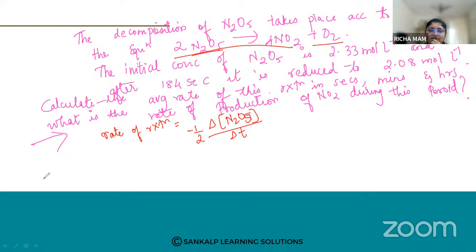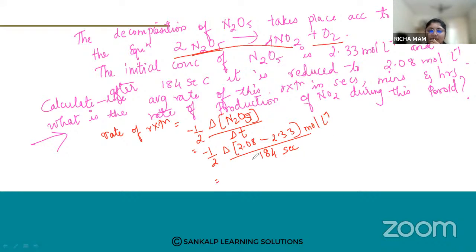Calculate how much it is. It will be half times the change in concentration, 2.08 minus 2.33, and the time taken is 184 seconds, with concentration in mole per liter.